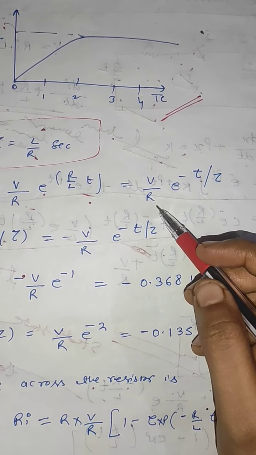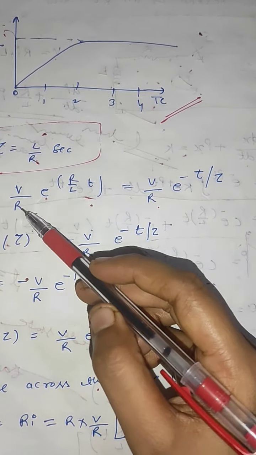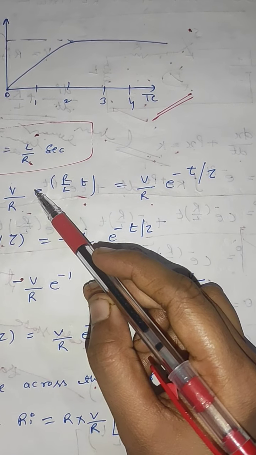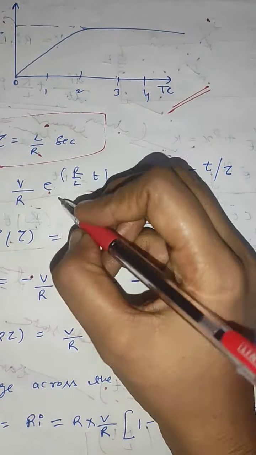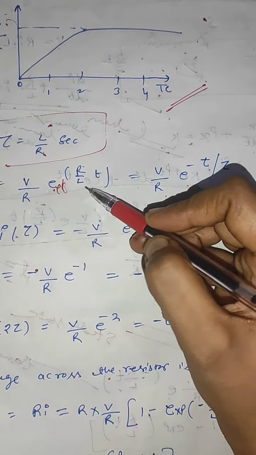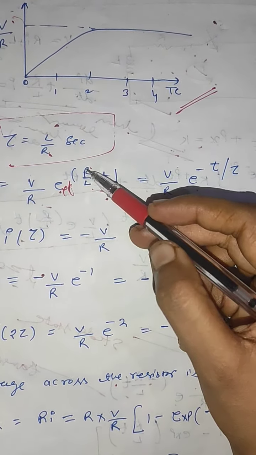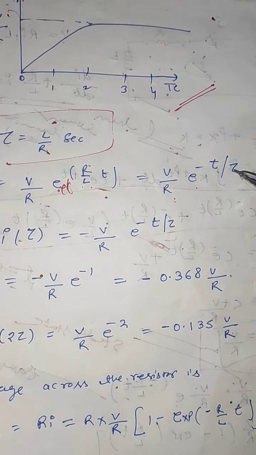The transient part of the solution, i equal to V upon R, has the expression V upon R e to the power minus R upon L t, which is minus t upon tau.